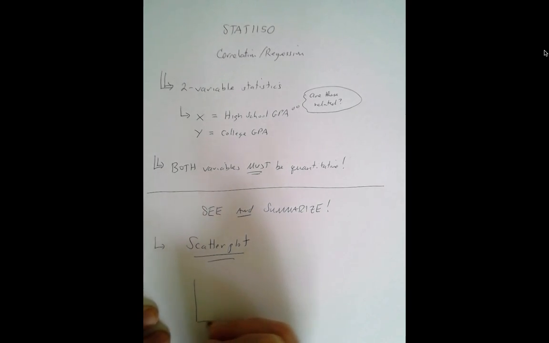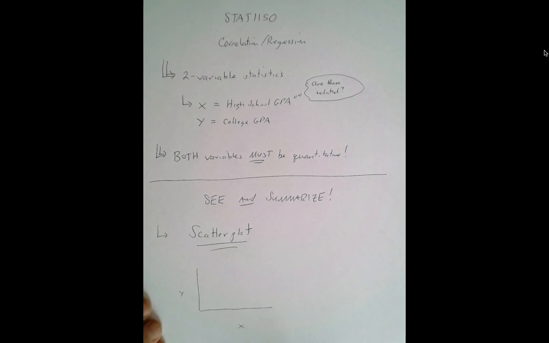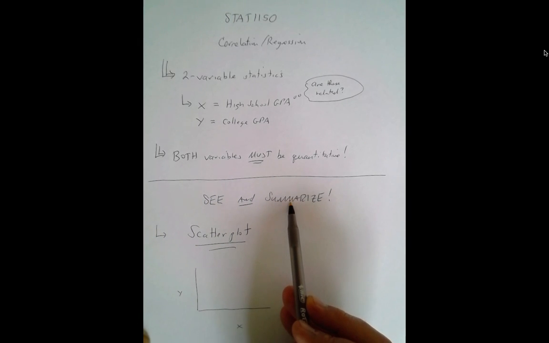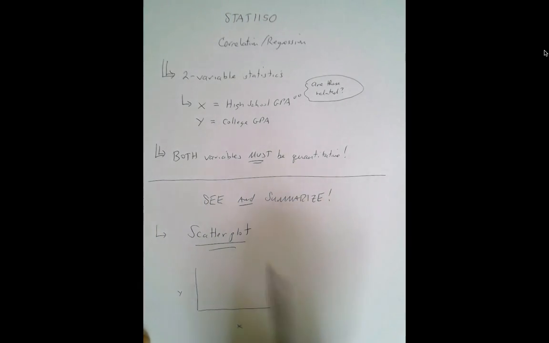All a scatter plot does is look at points of your X and your Y. I'm going to go through a couple of examples of this. We're going to do one by hand, and then we're going to go into StatCrunch and see how easily it's prepared there. We create these scatter plots so we see them, and then we summarize them. There are three things that we look for, and I'm going to teach that to you in this video.